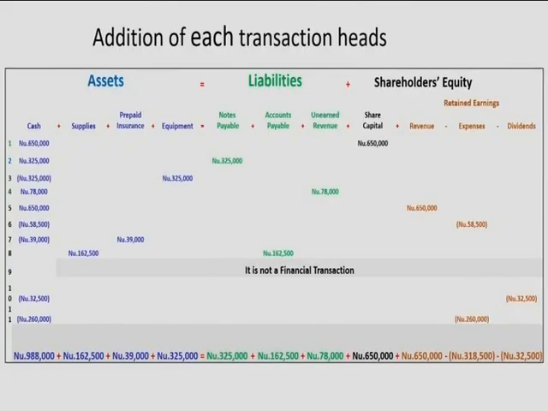You have to add the cash column, the supplies column, the prepaid insurance column, the equipments column. You have to add all the different accounting heads separately, get the balances down, and show the total at the end of the table.